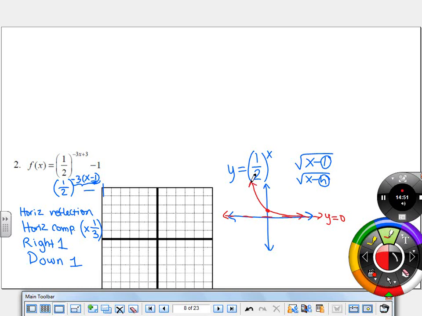Okay. Now, I need a couple other points besides the 0, 1 point for reference to help me graph. And again, I personally, and if you don't like this, you can choose other ones, but I would recommend plugging in the 1 and the -1 point. If you plug in 1, anything to the power of 1 is just going to be itself. So when I plug in 1, I'm going to get the point 1, 1/2. Okay.